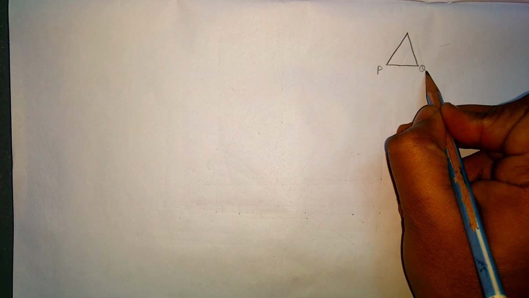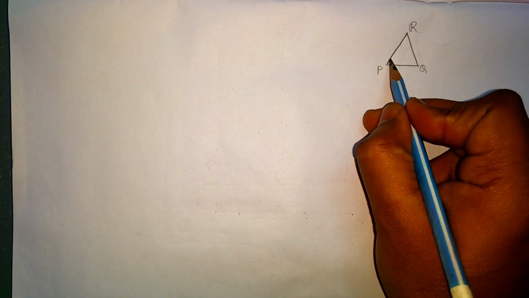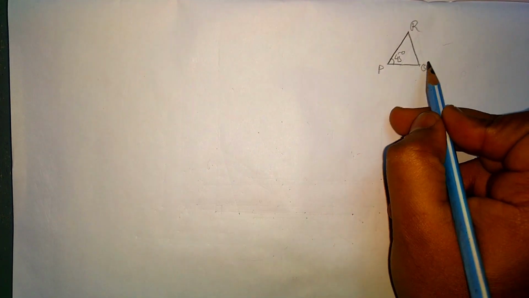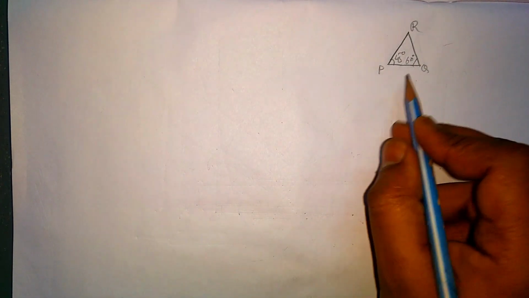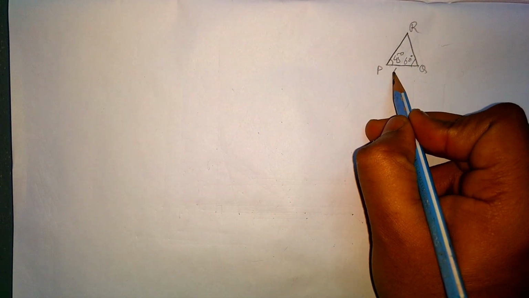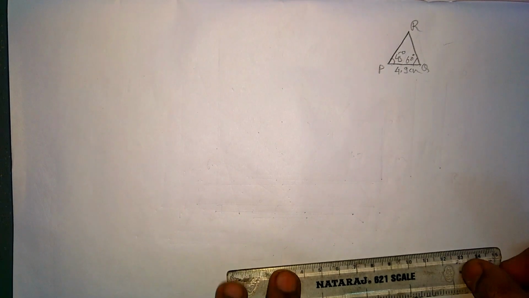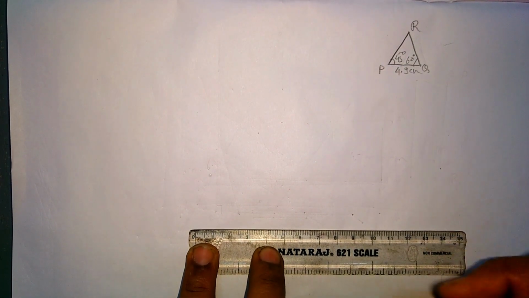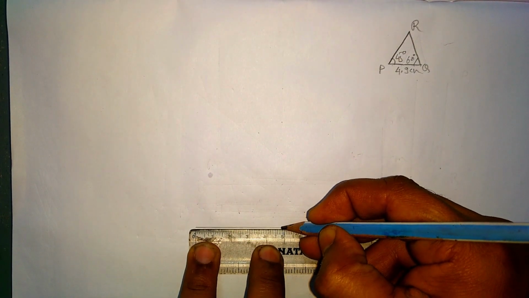P, Q, R. In question it is given angle P equal to 45 degree, angle Q 60 degree. So and value of PQ is 4.9 centimeter. So let us draw a line PQ of measure 4.9 centimeter.